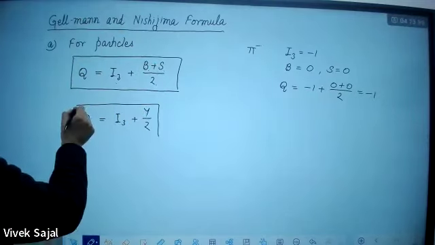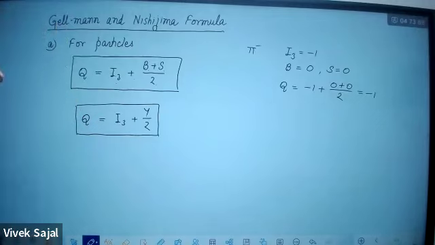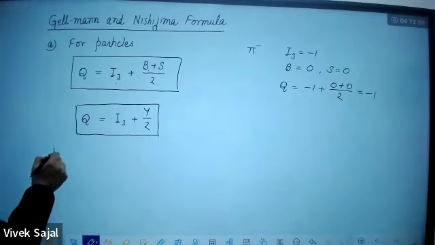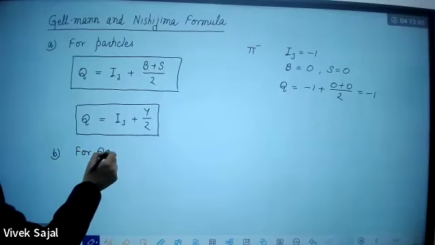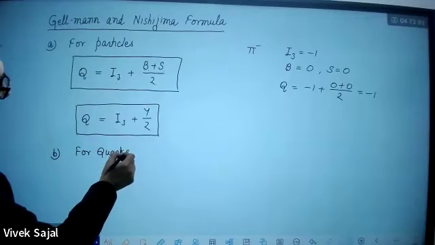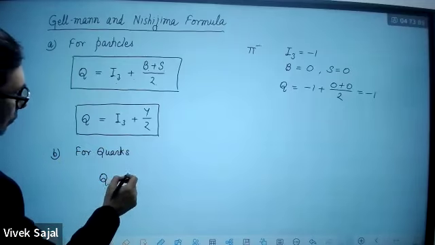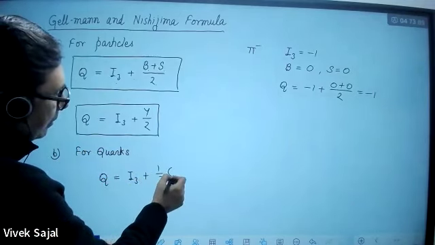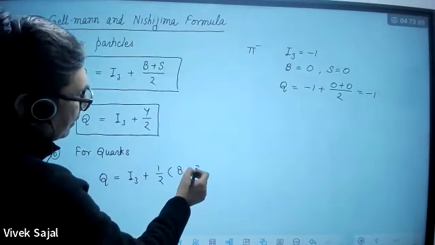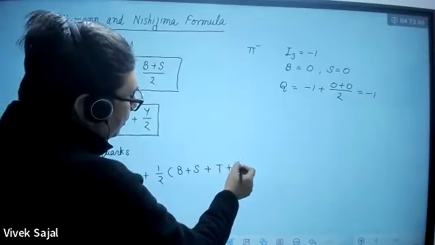This is the first formula, and this is for the particles, for mesons, for baryons. This formula is applicable. Now for quarks, this formula was modified, and now the formula is: Q is equal to I3 plus 1 by 2 times, here it is not only B plus S, but plus top plus beauty.